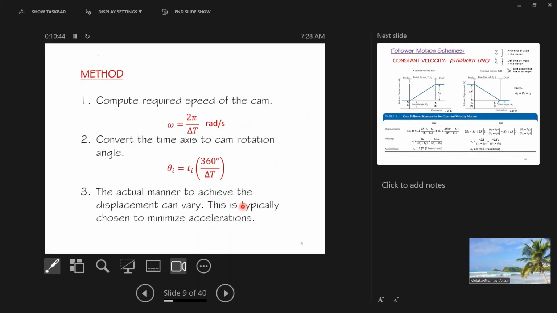So some of the things that you have to calculate will be the angular rotation, angular velocity, omega of the cam.